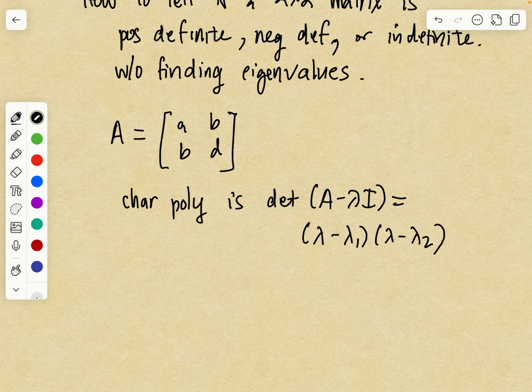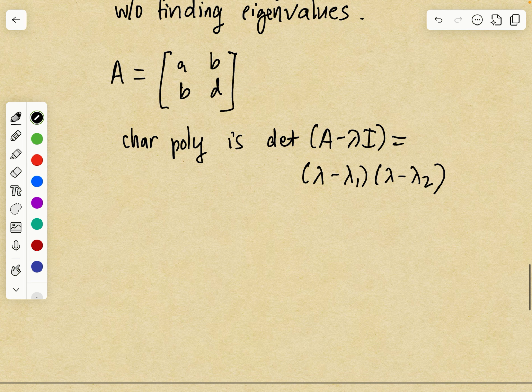When you calculate the determinant of the 2 by 2 matrix A minus lambda I, the coefficient of lambda squared is going to be 1. And so this form is correct when you factor lambda 1 and lambda 2. You don't get some other constant out in front.